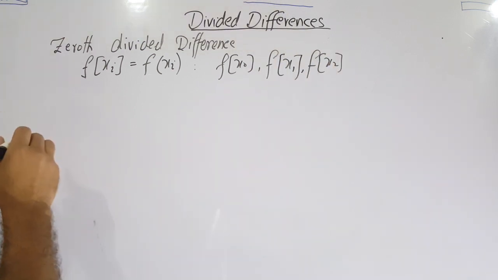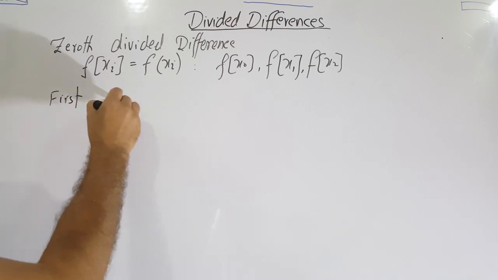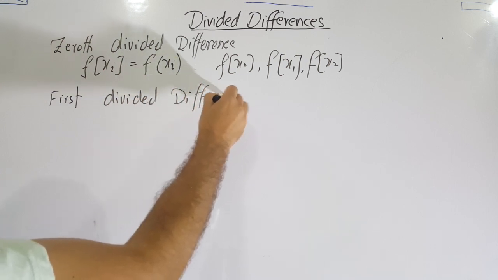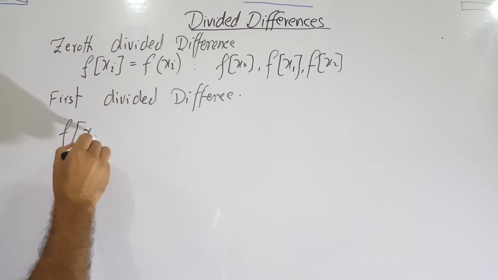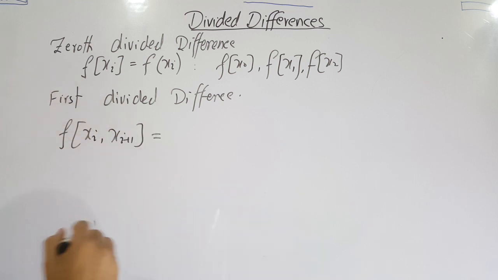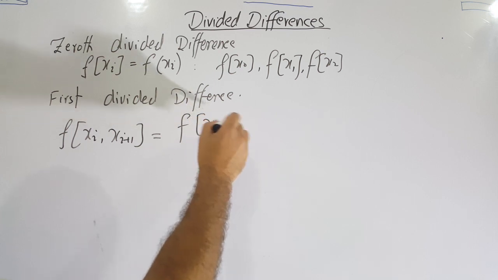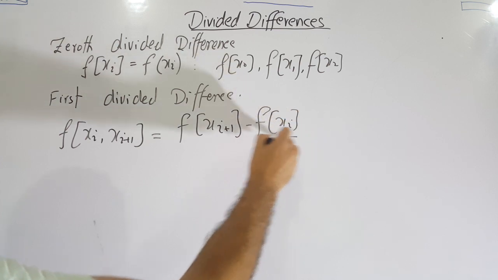Similarly, the first divided difference is given by f of xi plus 1 minus f of xi over xi plus 1 minus xi.